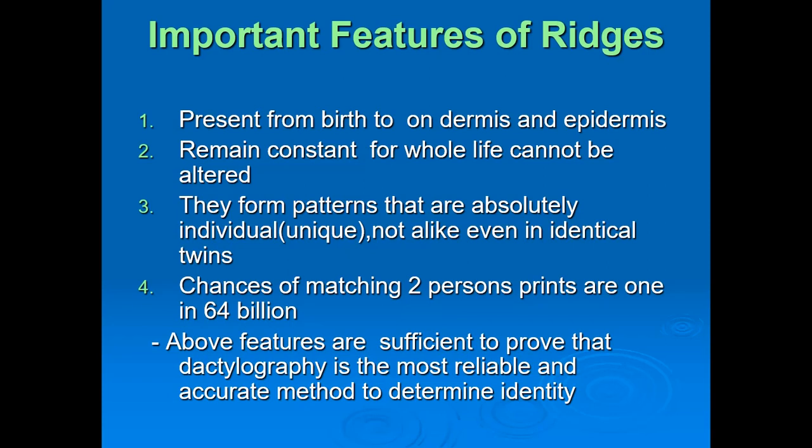The world population is about 7 billion, so there will be no two persons in the world who have the same type of prints. These features are sufficient to prove that dactylography is the most reliable and accurate method to determine identity. So this is the importance of ridges, why they are used for identification.